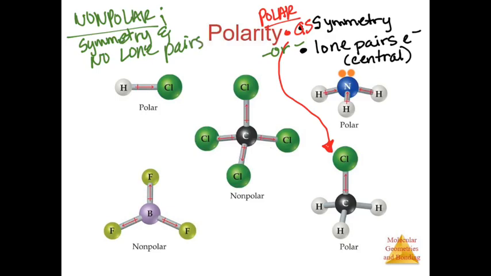And for these two right here, we do have that whenever we look at CH4, that is CCl4, and we also have that with BF3. So no lone pairs on the central atom, and all of the surrounding atoms are the same, which helps with its symmetry. So that is a recap from last year in general.